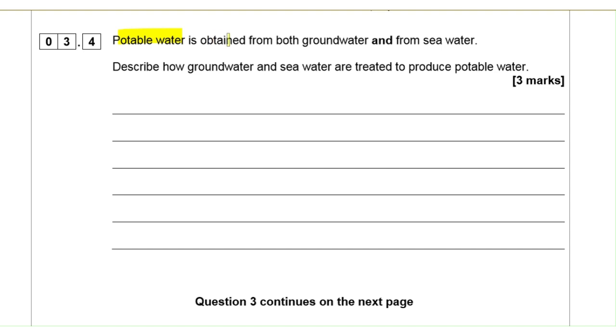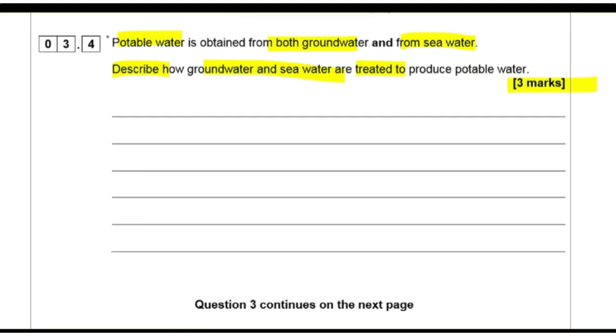3.4. Potable water is obtained from both groundwater and seawater. Describe how groundwater and seawater are treated to produce potable water. And this is for 3 marks. So we're not looking for a long 6-mark answer. Keep it short and sharp. 3 points.